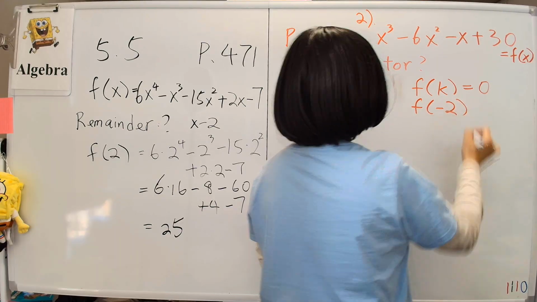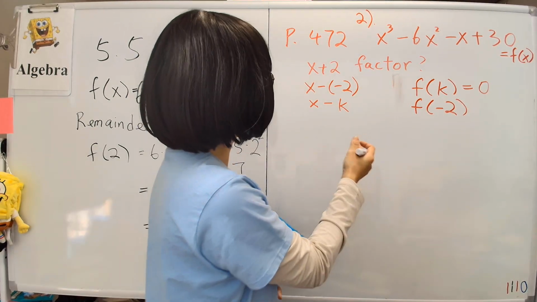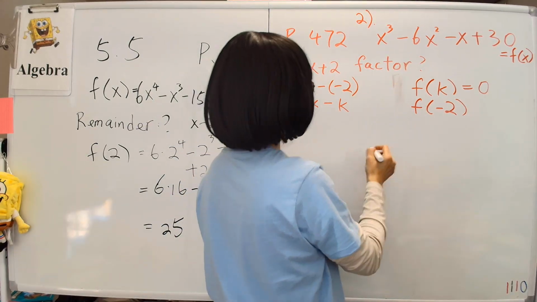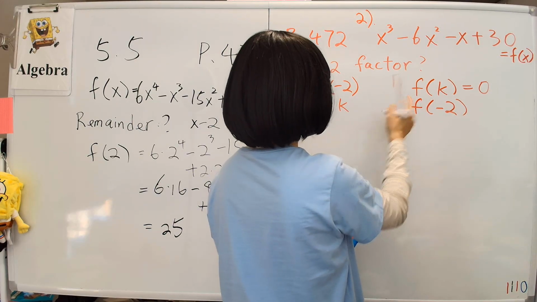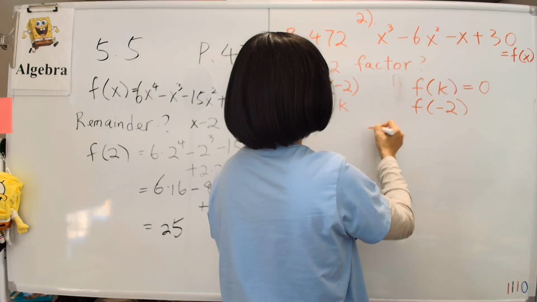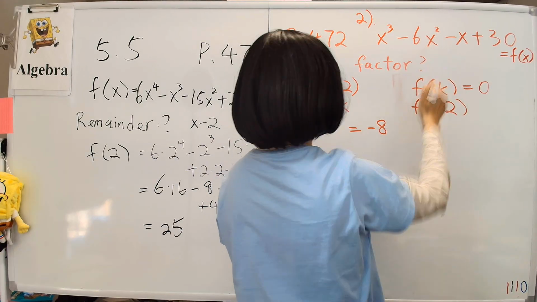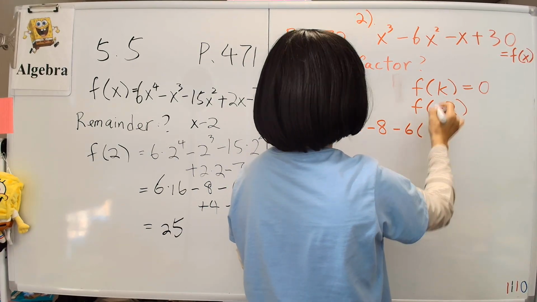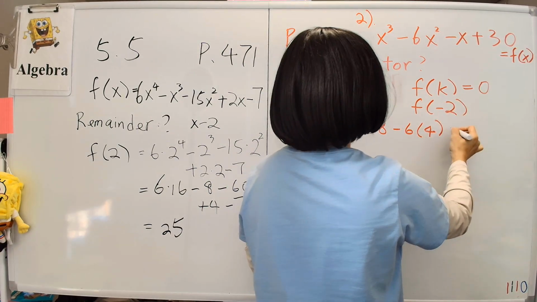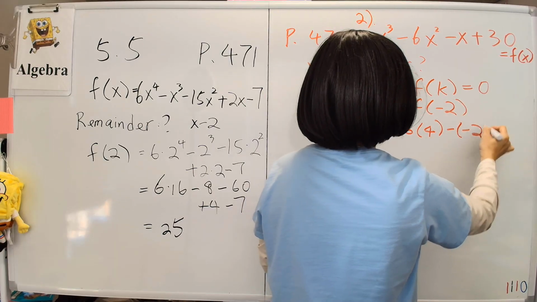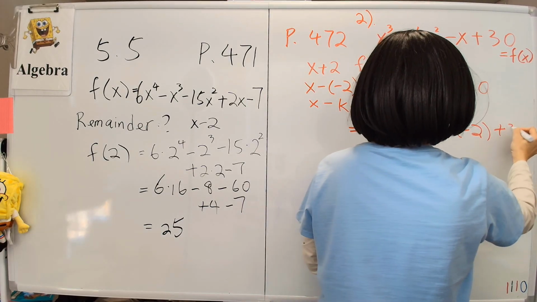So what is f of minus 2? We're just going to plug it in and see. F of minus 2: minus 2 to the third power is negative 8. Then minus 6 times minus 2 squared becomes positive 4. Then minus 2, and then plus 30.